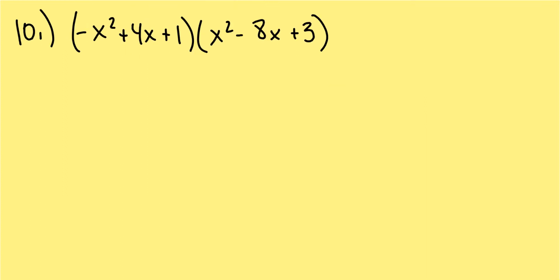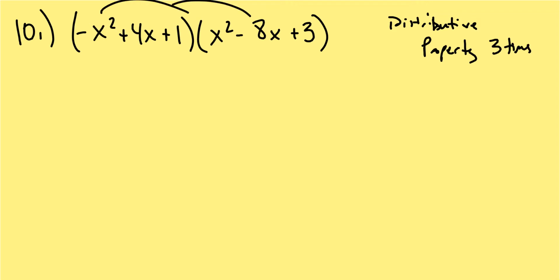Alright, number 10, I'm going to have pizza delivery guy 3 times. So distributive property three times. So negative x squared is going to go to everything. So I'm going to get minus x to the 4th plus 8x cubed and then minus 3x squared.